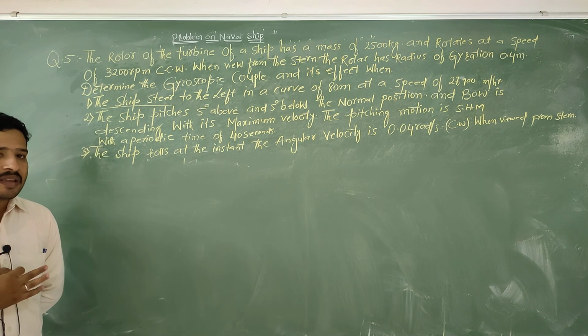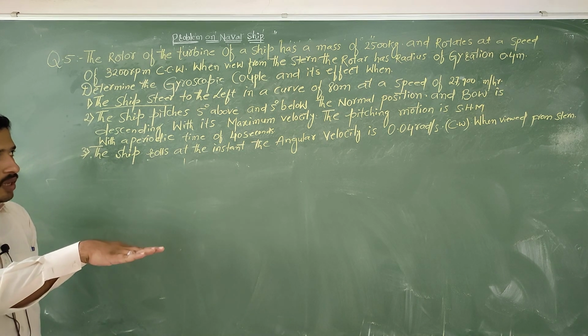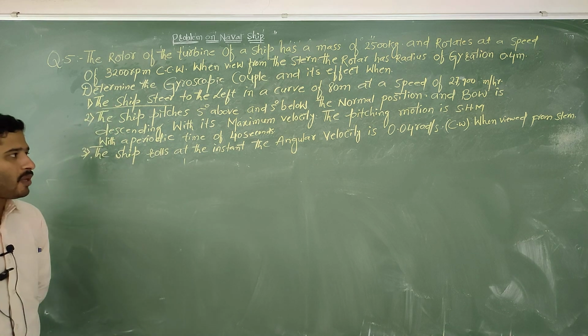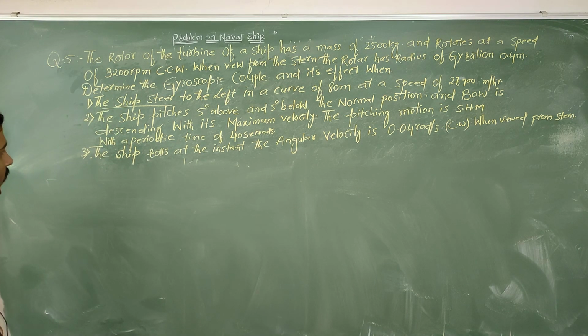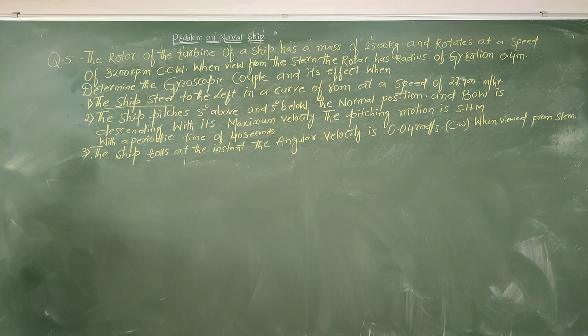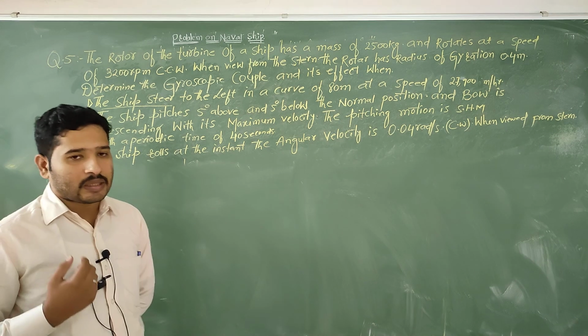The third condition: the ship rolls at the instant with angular velocity omega P of 0.04 radian per second clockwise when viewed from the stern.